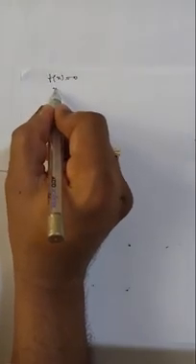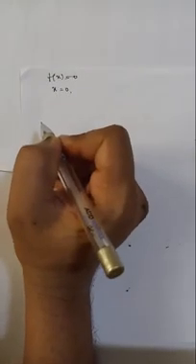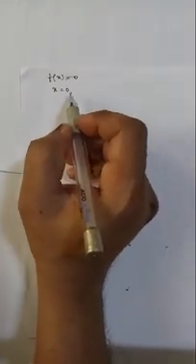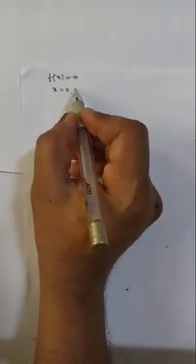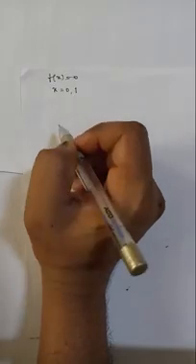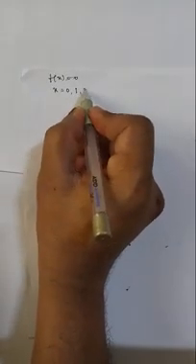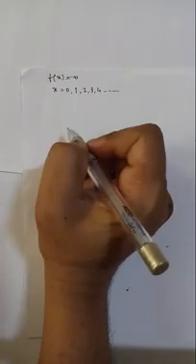I will just take one simple example to explain this fundamental property again. For any given function f of x equal to 0, it is suggested that you always start from x equal to 0. You start the problem by putting x equal to 0, then you put x equal to 1, then x equal to 2, 3, 4, like that you have to continue.